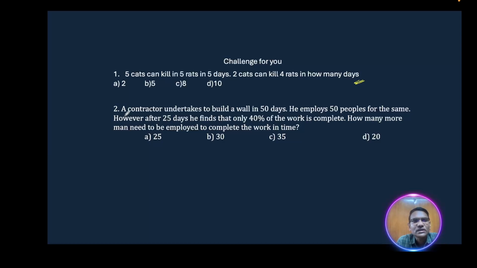And one more question: a contract undertakes to build a wall in 50 days. It employs 50 people for the same. After 25 days it finds that only 40% of the work is completed.